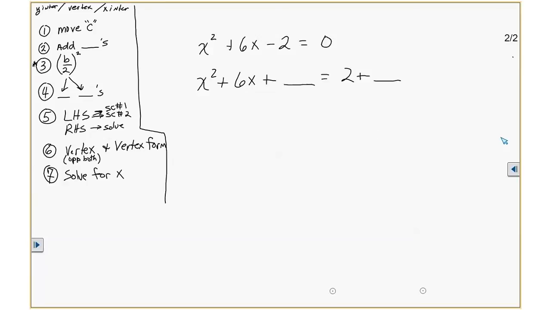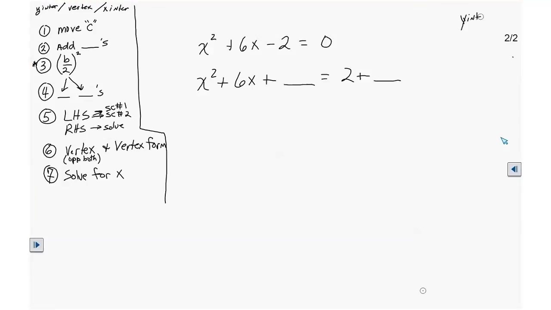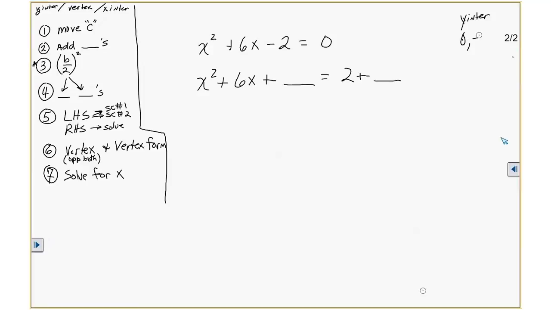What's the y-intercept? The y-intercept is (0, -2).